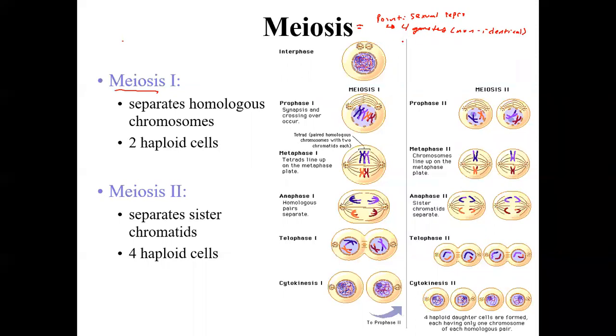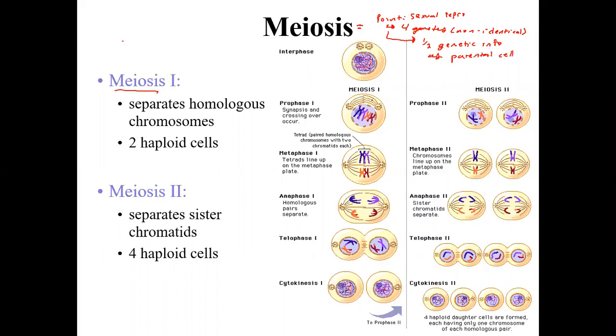Also, the gametes that get produced are going to have 1/2 the genetic info as the parental cell.